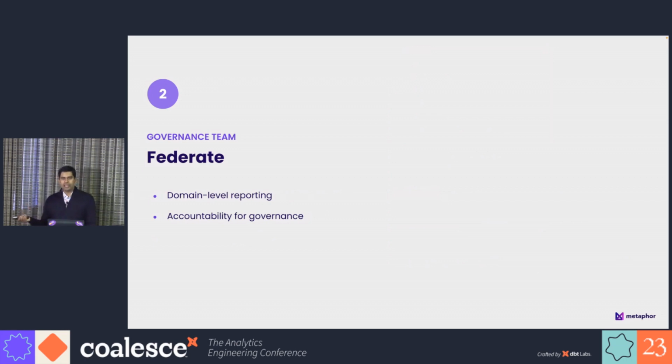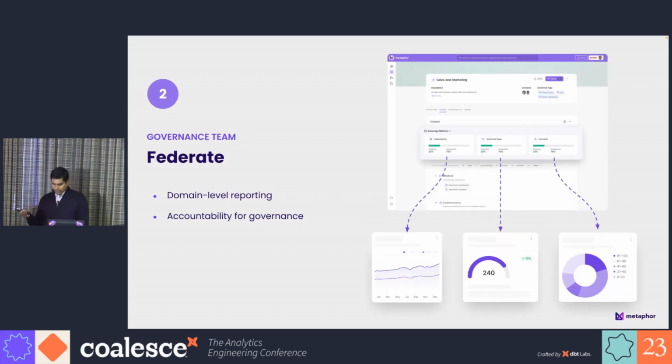Once you enable this across all the domains and you make it an operational template, you need to understand the reporting. As a governance team, you need to be capable of monitoring these domains: how well they're performing, which of them are sticking to the rules, which of them are not following, and what is the coverage of support, what is the coverage of, for example, documentation, et cetera.